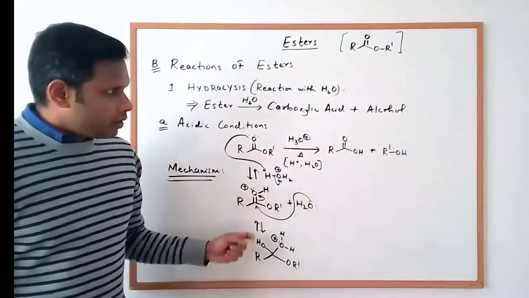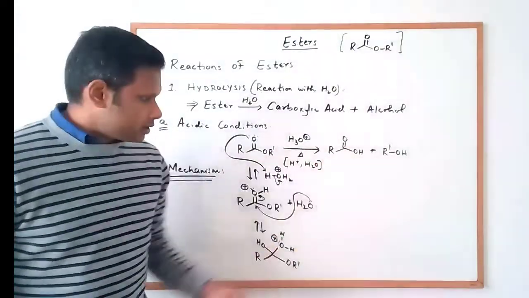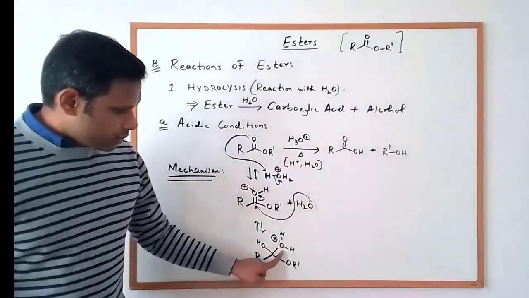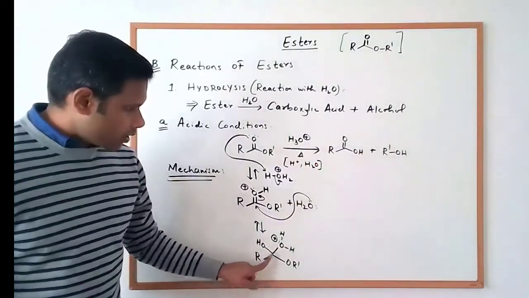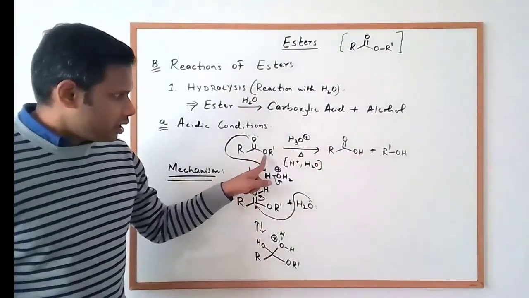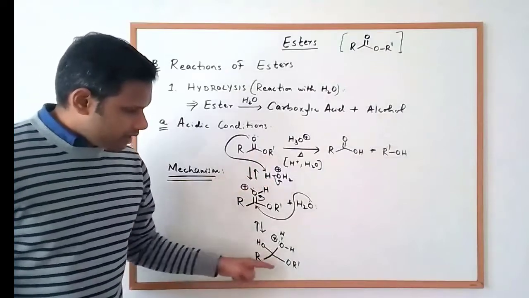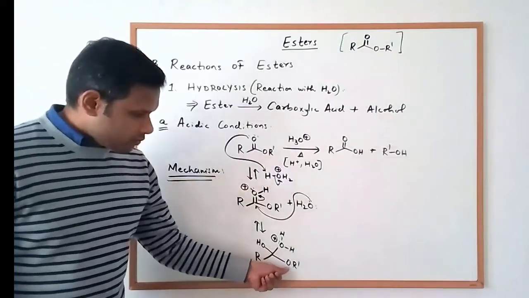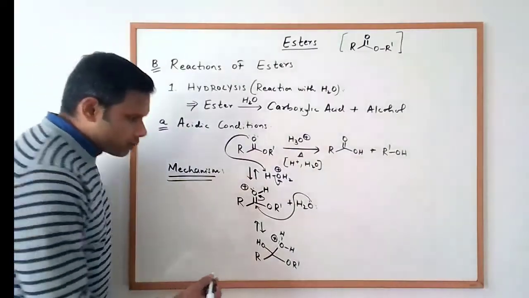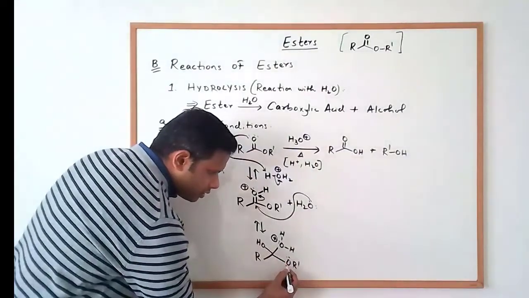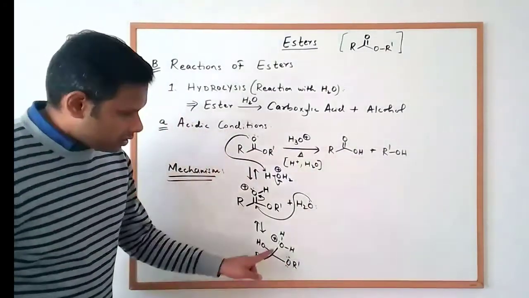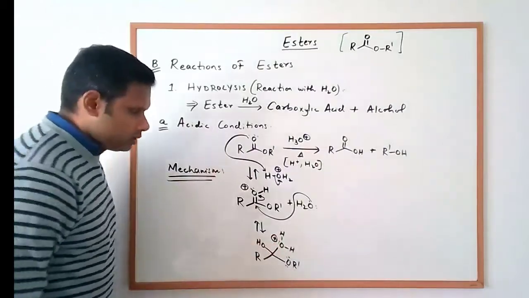So the R prime. Now, if you look at the products, what we need to do is break this bond between that carbon, the acyl carbon, and the ester oxygen. We need to break that bond. And so we'll have to protonate it at some point. But right now, the most immediate thing that we're going to do in the mechanism is to deprotonate this.